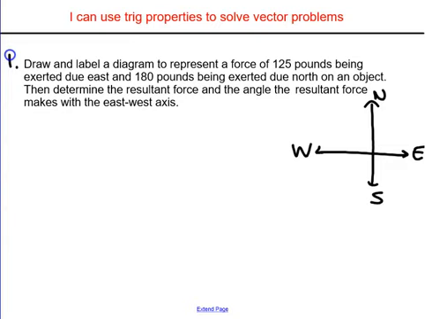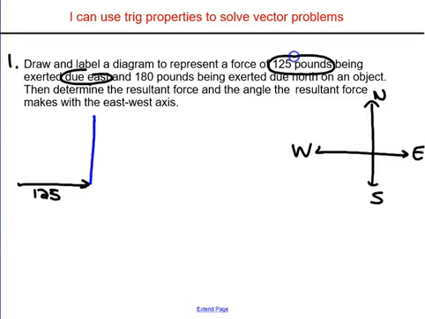So we have 125 pounds going straight east. 125 pounds is being exerted due east. Also, there is a force that is going north. So that is up, and that is 180 pounds going up.